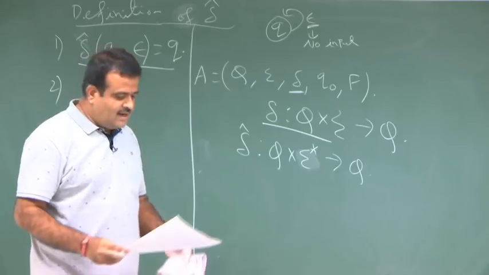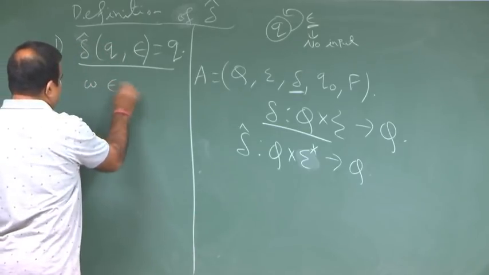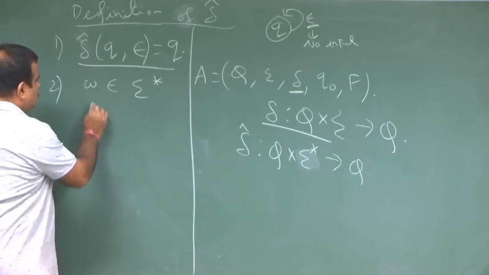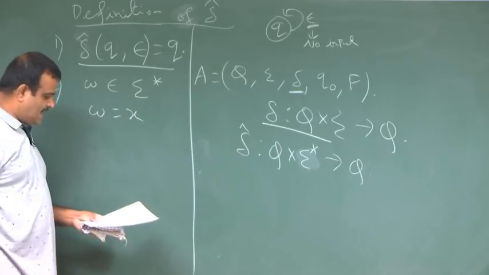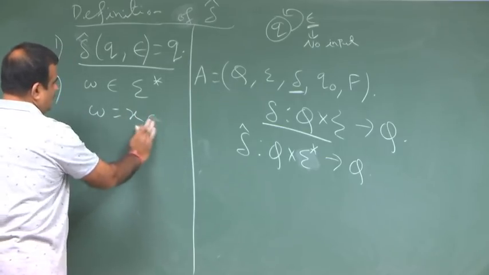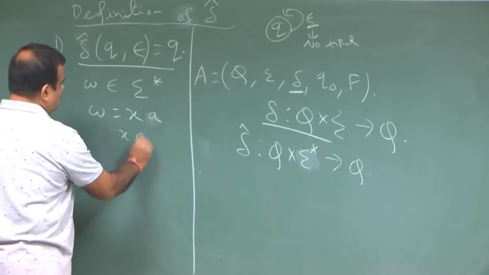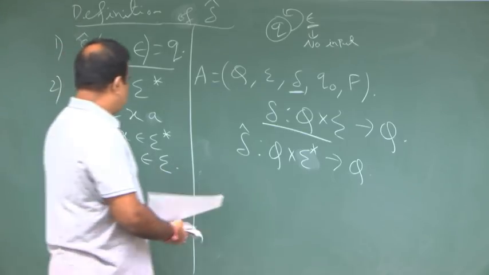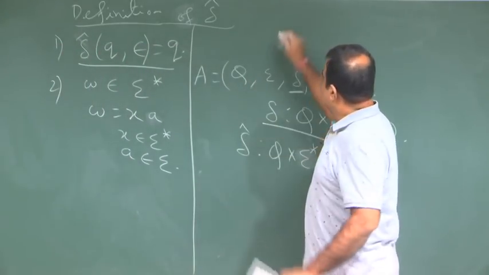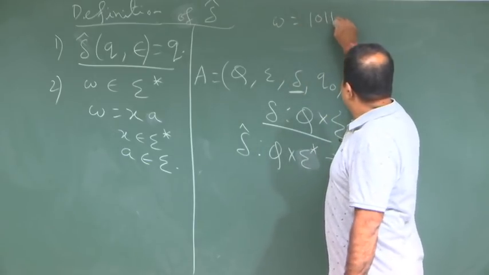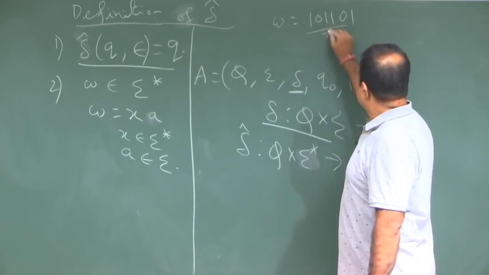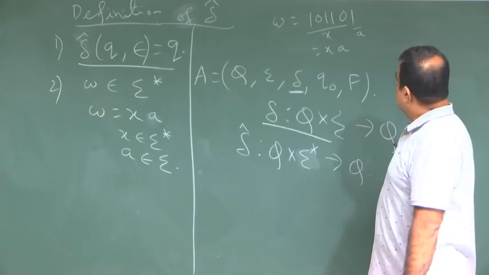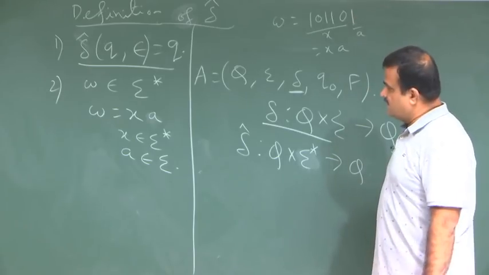Okay. And then we have the inductive step. Suppose we take W from sigma star and suppose W is equal to xA, where x comes from sigma star and A is in sigma, A is the input. Say for example, if W is 0 1 1 0 1, then this is x and this is A. So, we write it as xA. The last symbol we are just keeping separate like this.